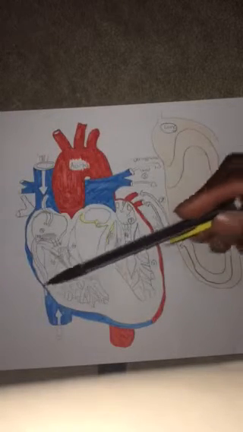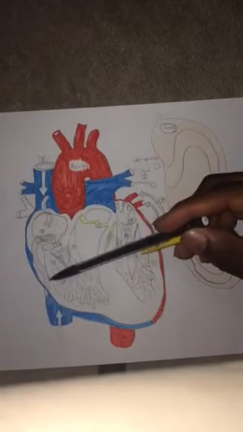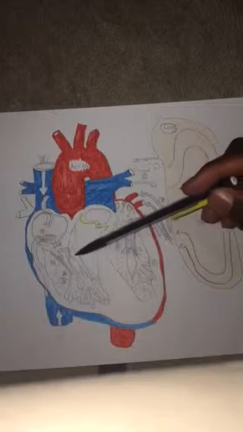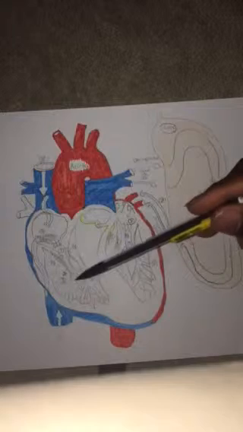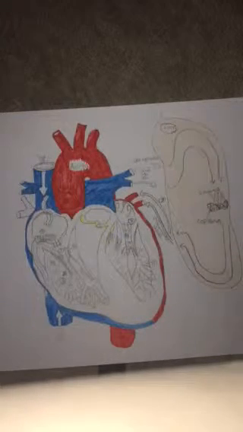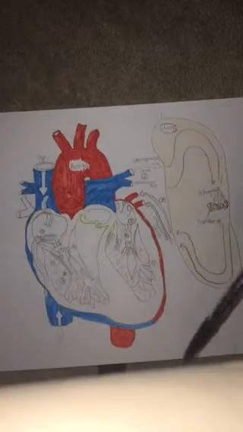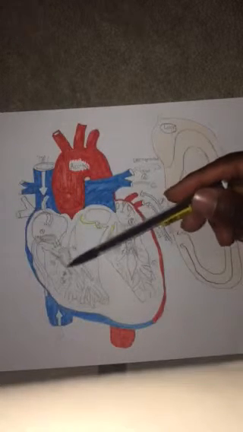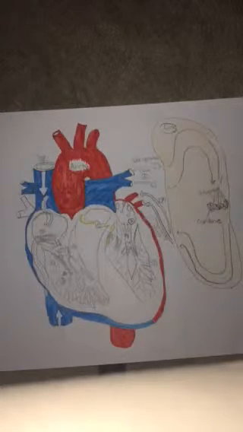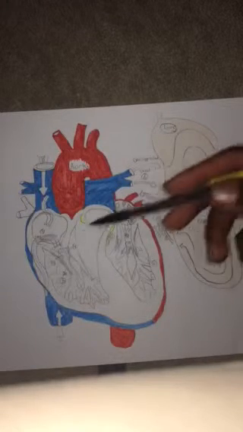So the region of the right ventricle is here. The ventricles are located on the bottom of the heart. The tricuspid valve, otherwise known as, again, the atrioventricular valve right here, stops the blood from flowing back into the right atrium.